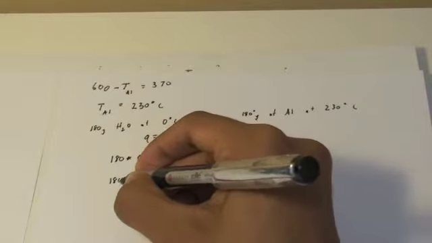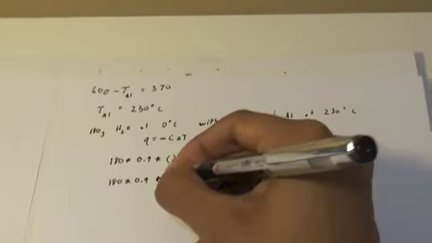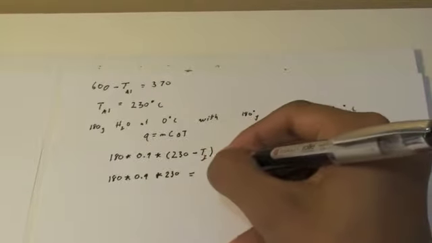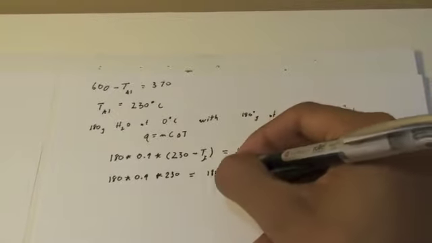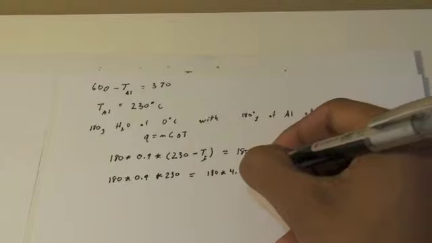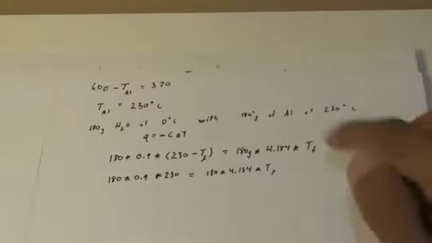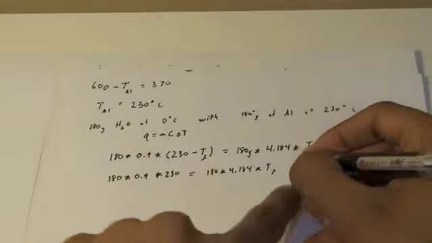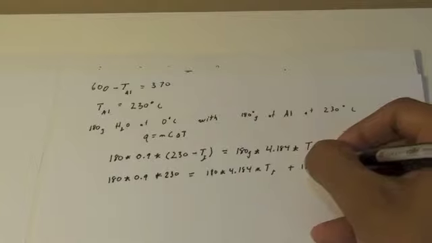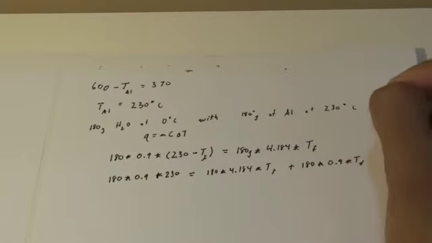So I have 180 times 0.9 times (230 minus T_f) equals 180 times 4.184 times T_f, and I'm distributing this and then pulling it to the other side. So it's a negative here, so it's going to be a positive on the other side, and that's just 180 times 0.9 times the final temperature.